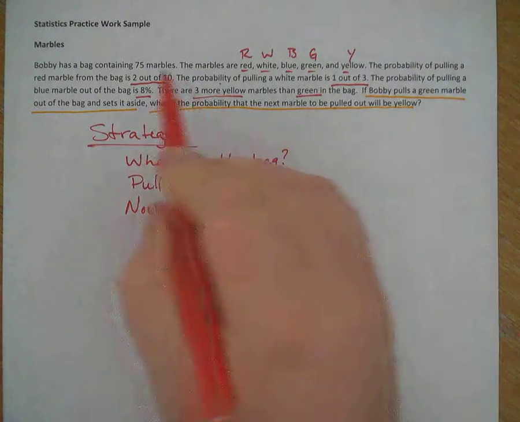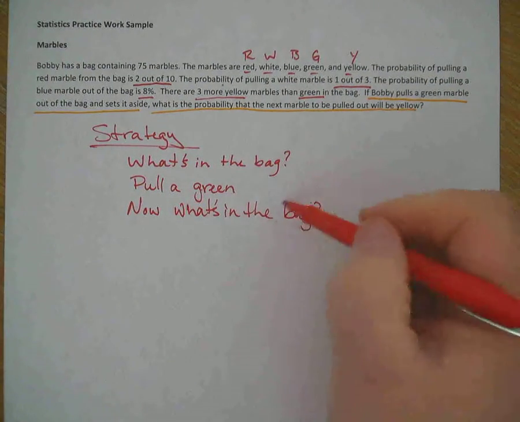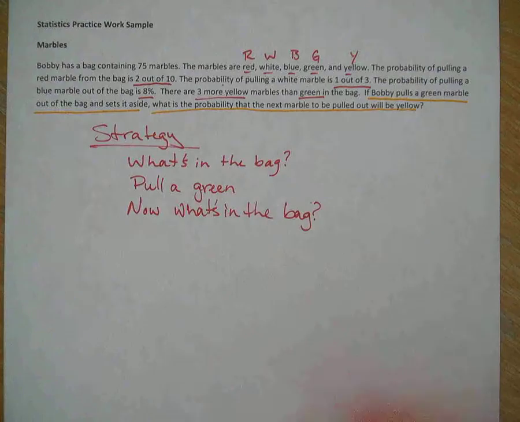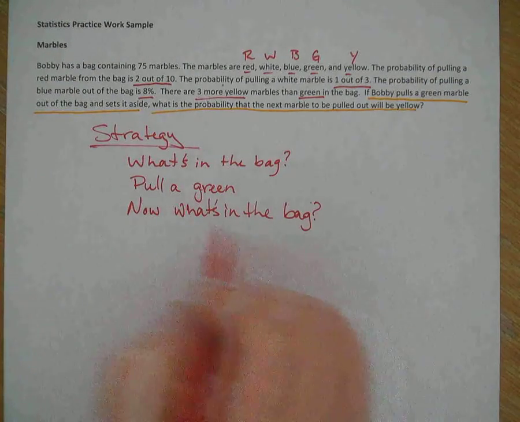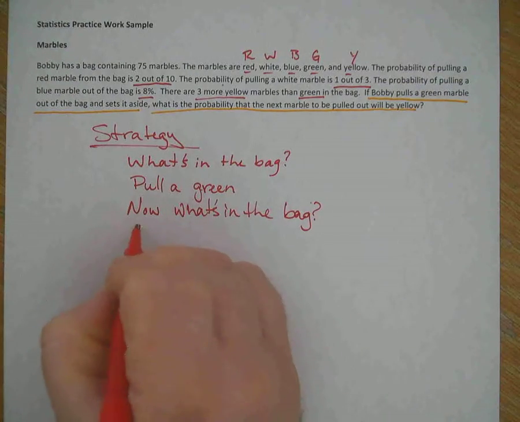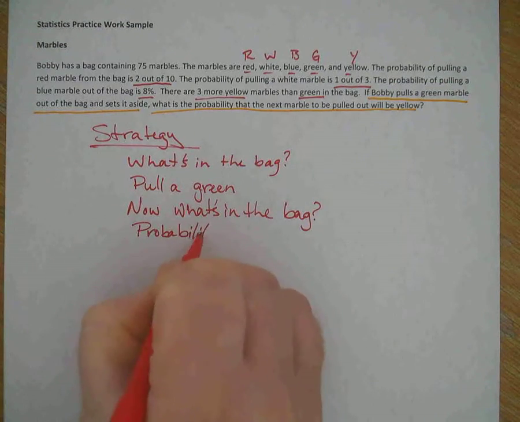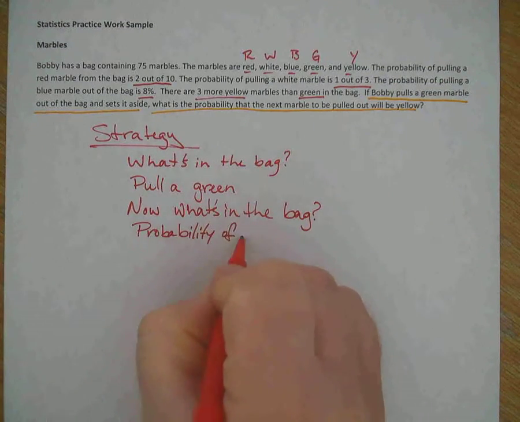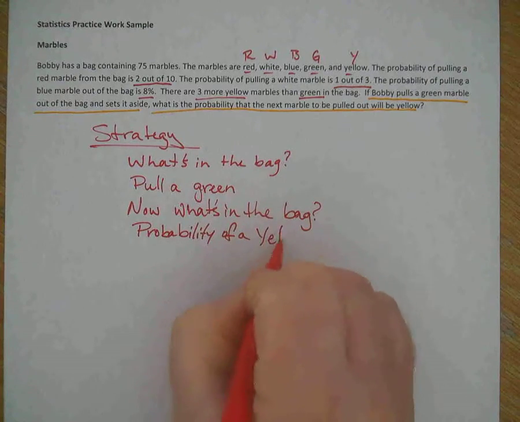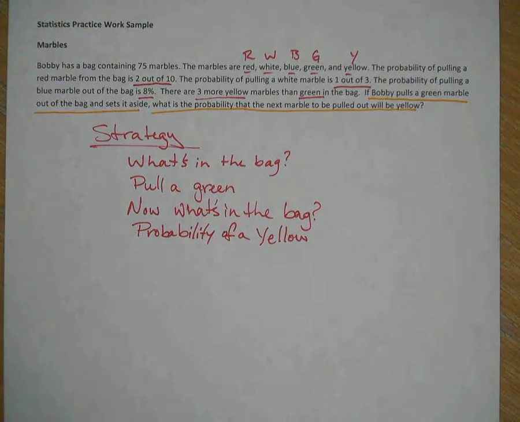There were 75 to start, and now it would be 74 because you've taken one out. So now find what's in the bag, and then find the probability of a yellow. The probability of pulling a yellow is how you actually find your answer, and that would be your final answer.